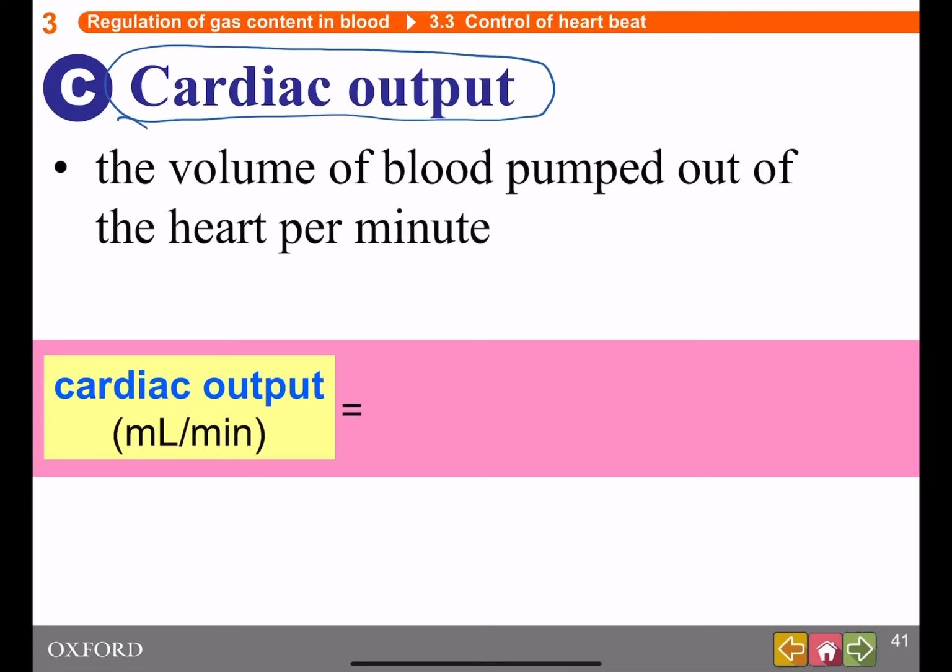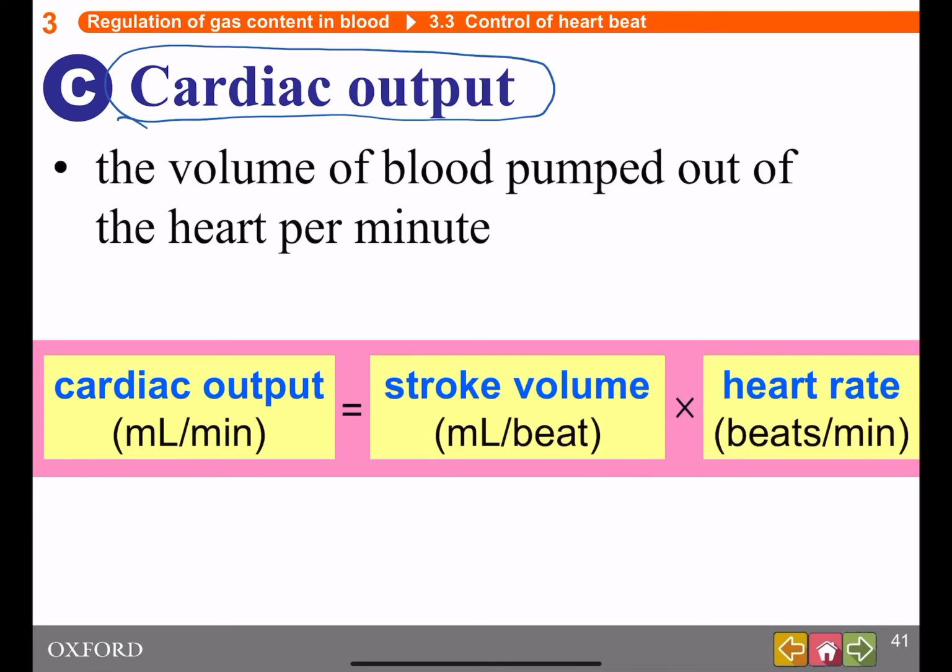So how to calculate the cardiac output? It involves two parameters. First one is stroke volume, and the second one is the heart rate. Stroke volume multiplied by the heart rate gives you the cardiac output.